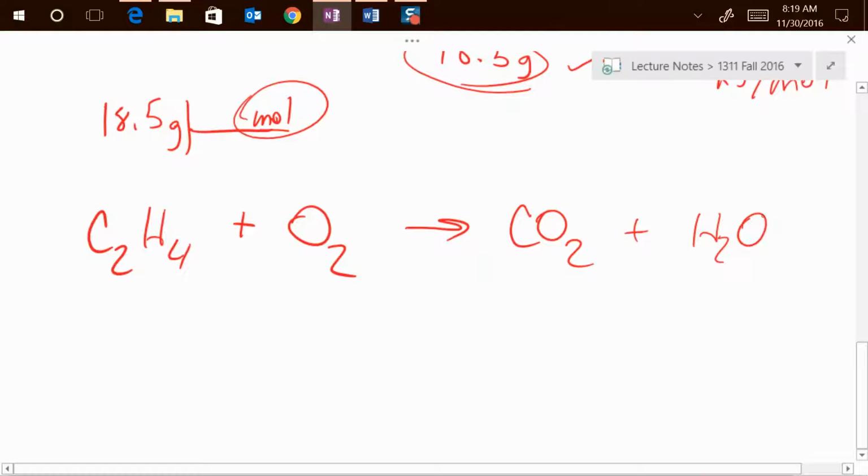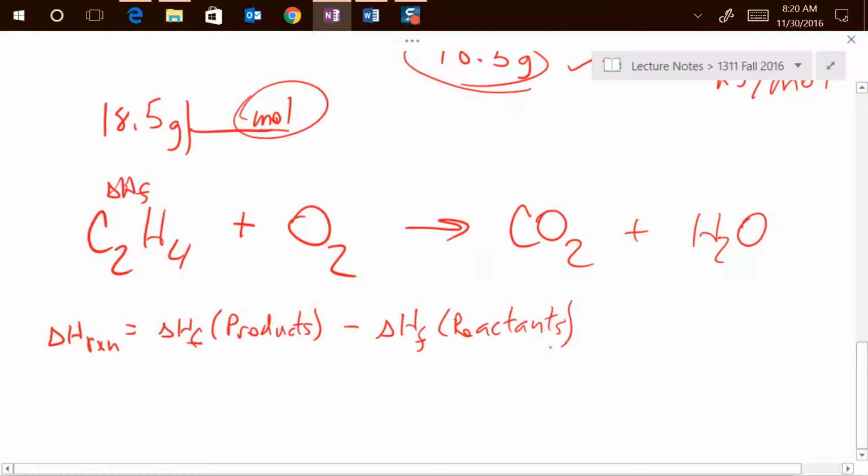So we want to find the delta H of formation for this. And delta H of a reaction is equal to the delta H's of formation of the products minus the delta H's of formation of the reactants.